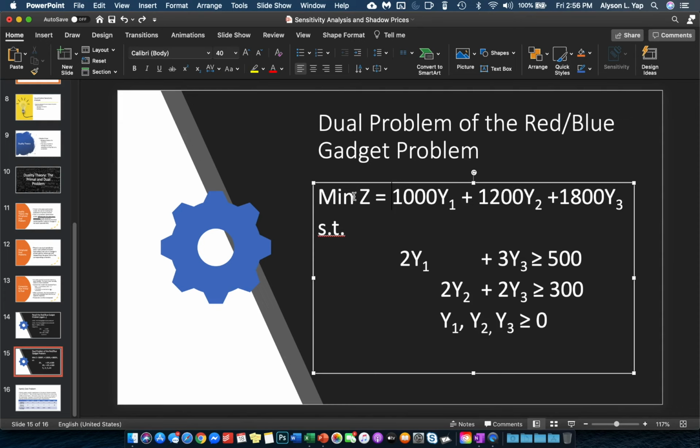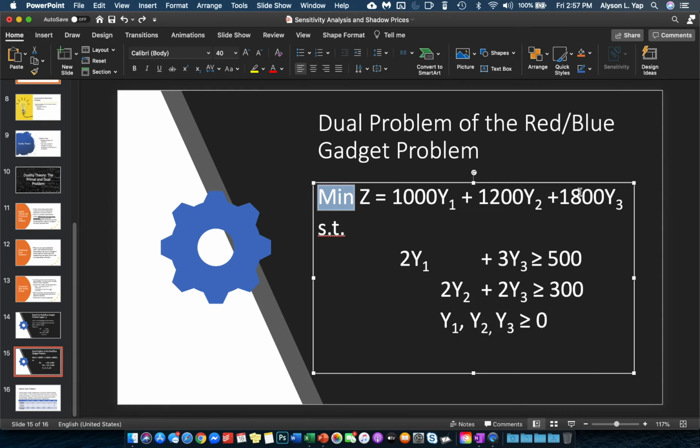And that is why I would like to minimize. Diba? If I am a company that would like to purchase these input materials from ABC company, of course I'd like to minimize the cost of getting these. And of course, if you want to minimize the total cost, the tendency is for me to give a very, very low price for the steel, wood, and labor.